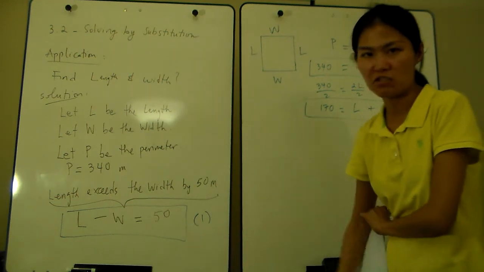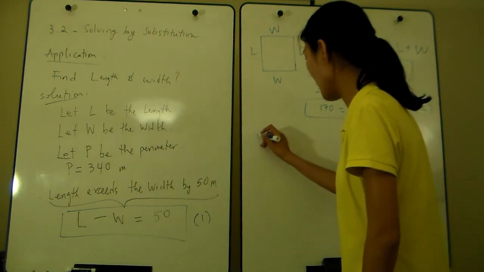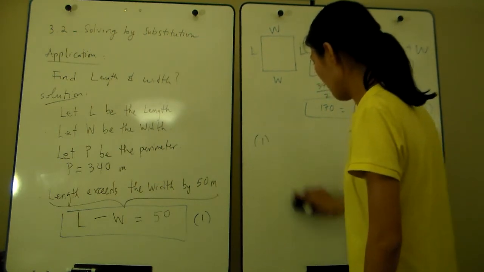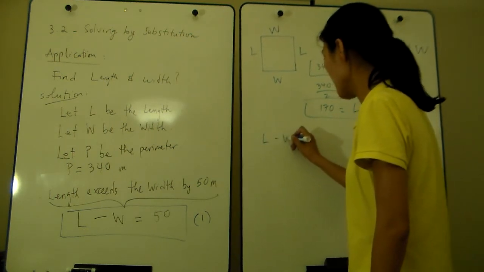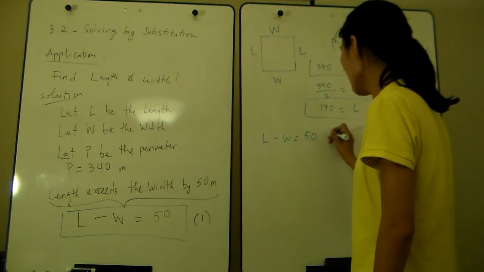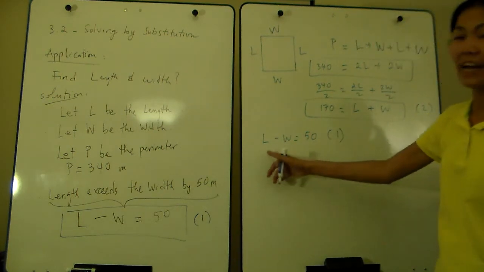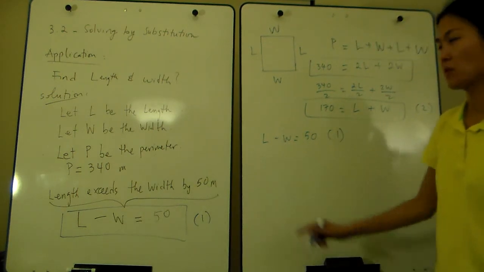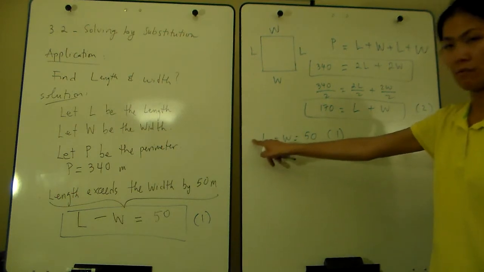Let's pick equation 1 to start with. For equation 1 we have L minus W equal to 50. Let's solve for L. You can solve for W, but it's easier in this case to solve for L because L is already positive.